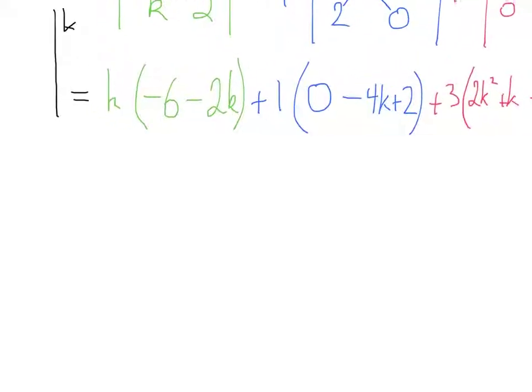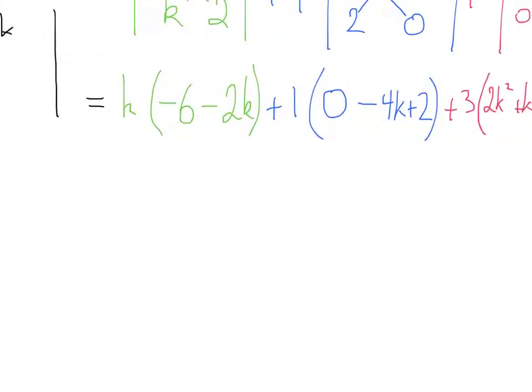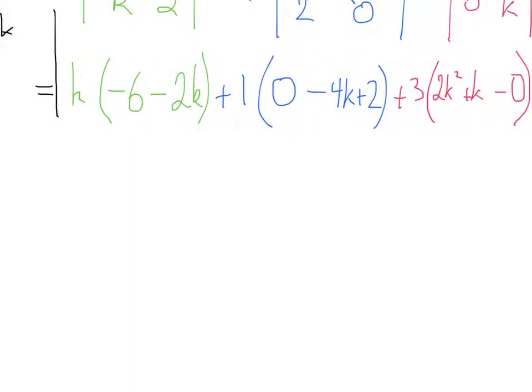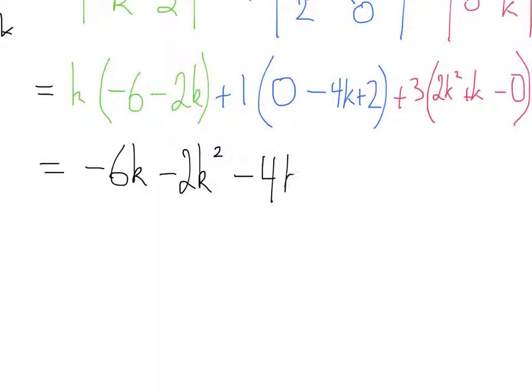Okay, so we're just going to move that out of our way. Okay, so we're left with this. So we're going to have -6k take 2k squared plus, take 4k, and we should have some brackets around that.